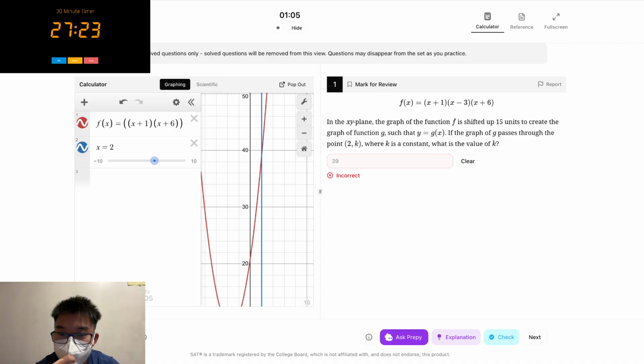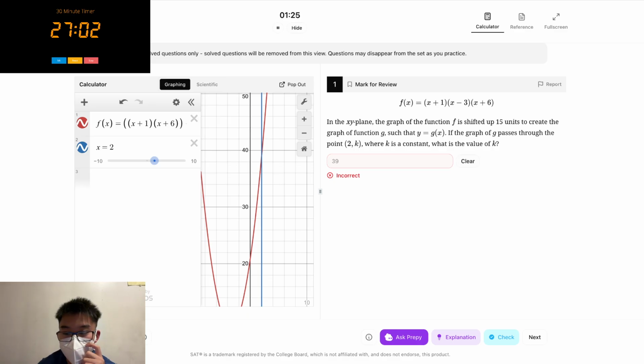Okay, so I did this wrong. y is equal to g of x. What is k? Interesting. Shifted 15 units to create g.